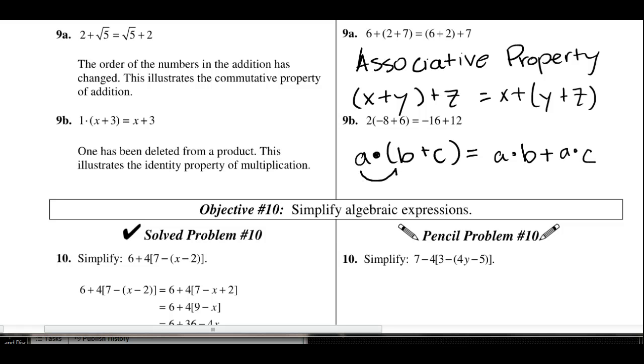We multiply it times the B, and we also multiply it times the C, and then we add the two together.